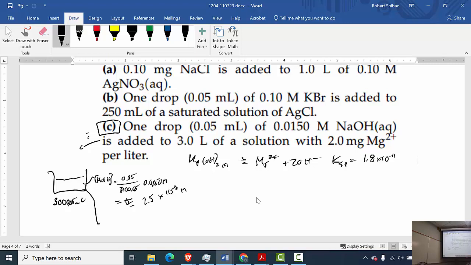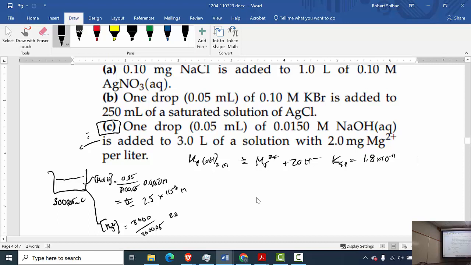However, the magnesium 2 plus is not going to be. Now this is 2 milligrams of magnesium 2 plus per liter. And so I'm going to convert that to molar because that's what we need for this. The dilution factor is minimal. This is a 3,000 to 3,000. In fact, this dilution factor is probably negligible. We probably could ignore it.